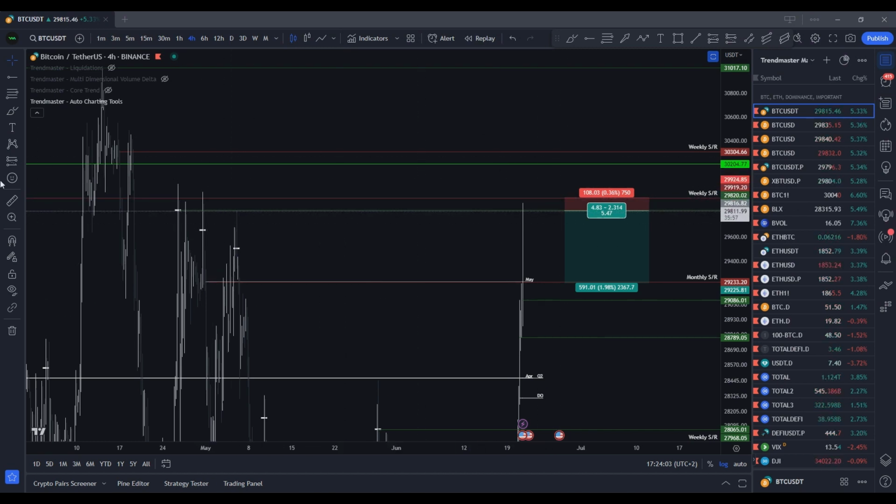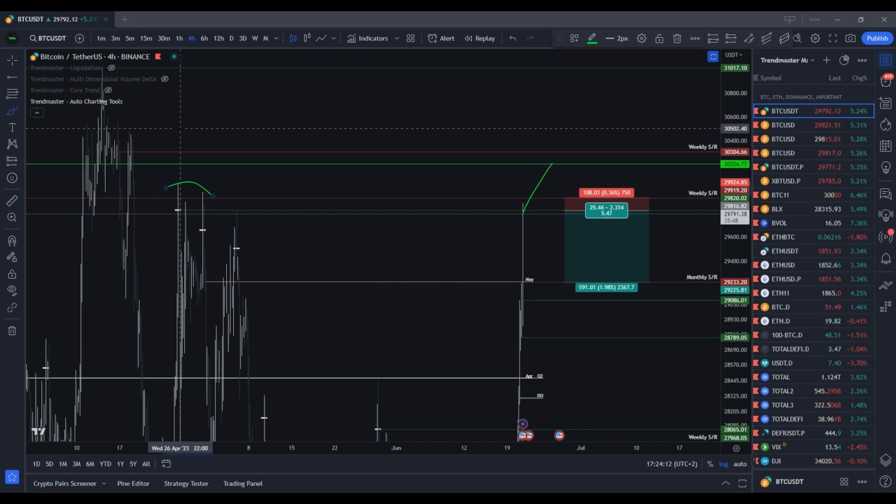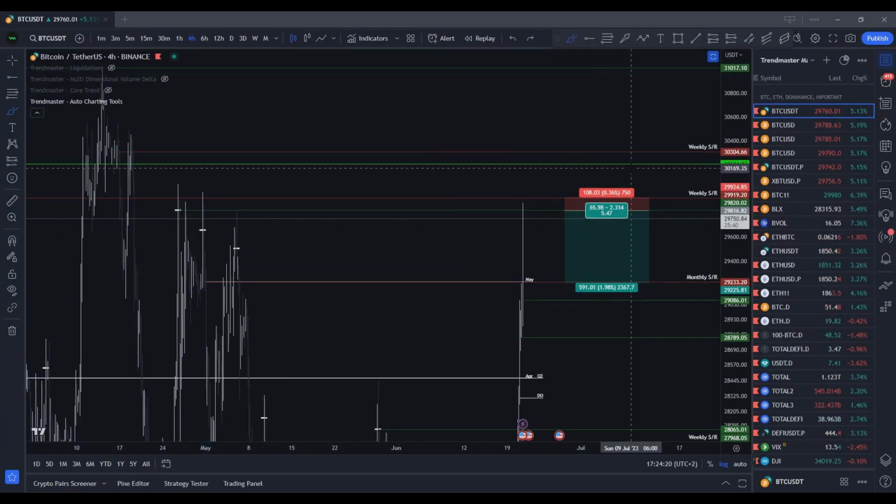And then if it blows you out, where's it to go? It has to probably sweep the highs. And then you're still looking for a failure. And again, that's all about risk reward.